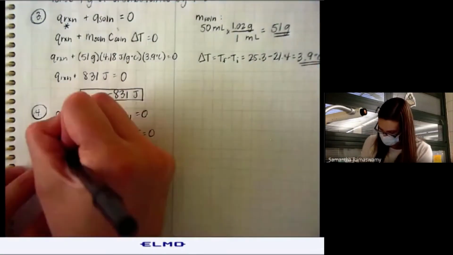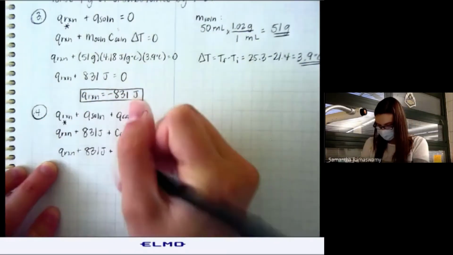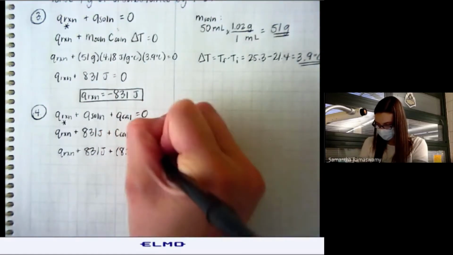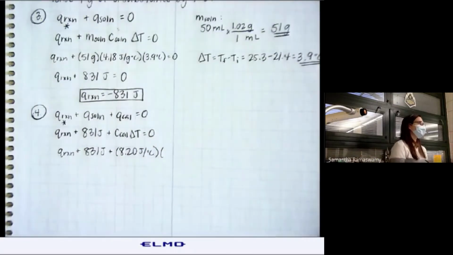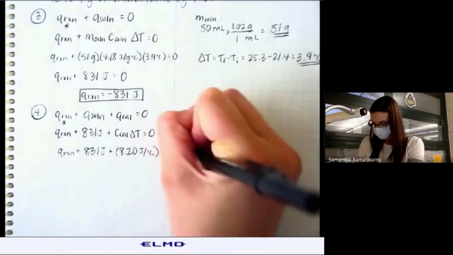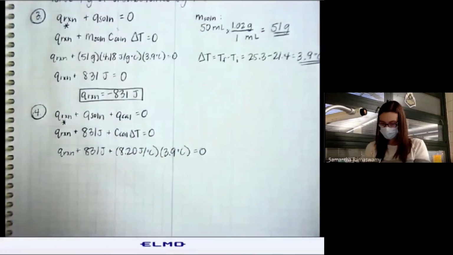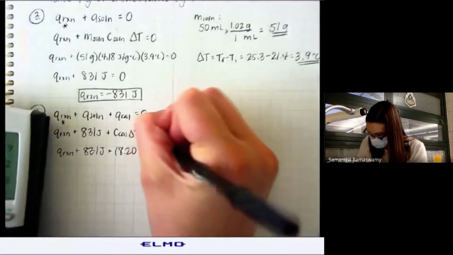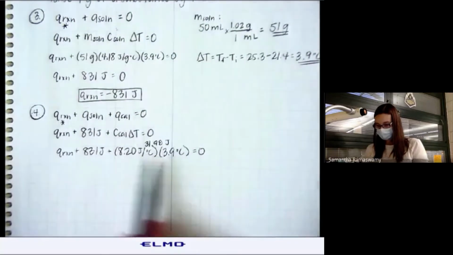So again, if we solve for Q reaction, Q solution we've already solved for. C cal, it tells us in the problem, is 8.20 joules per degree Celsius. Delta T is always the same. Whatever the delta T is for the solution is also the delta T of the calorimeter. So 8.2 times 3.9. This is 31.98 joules.